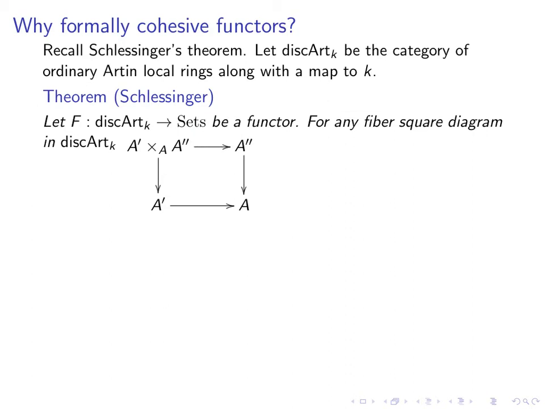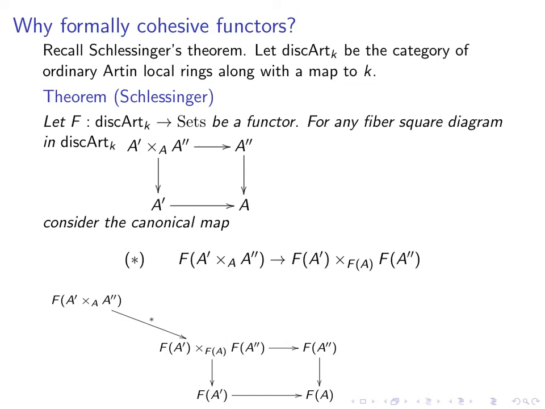Let discrete Artin be the category of ordinary Artin local rings together with a map to K. Schlesinger's theorem says that if you have a functor on discrete Artin rings to sets, then for every fiber square diagram of Artin local rings, we consider this canonical map from F applied to the strict fiber product to the strict fiber product of F applied to the components of the square.